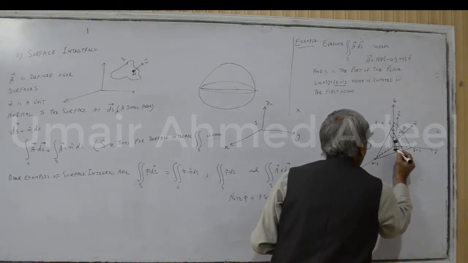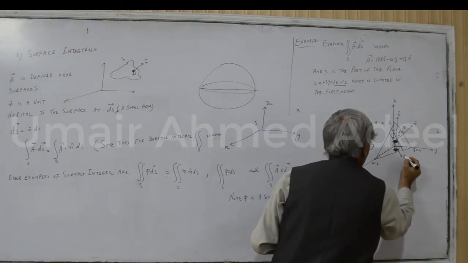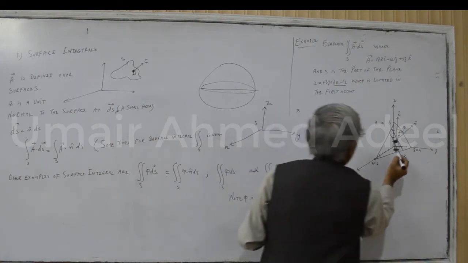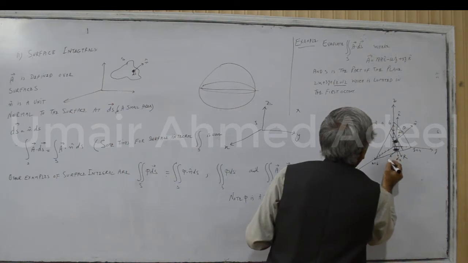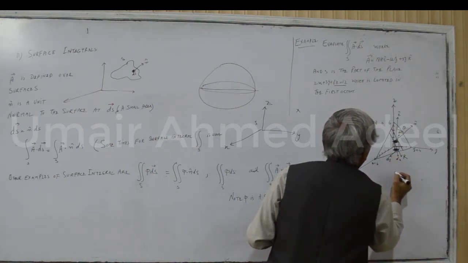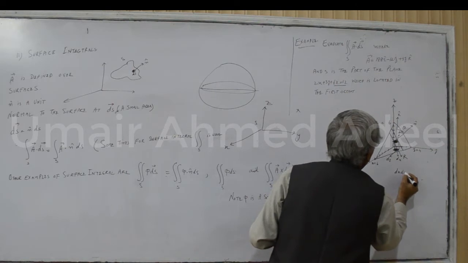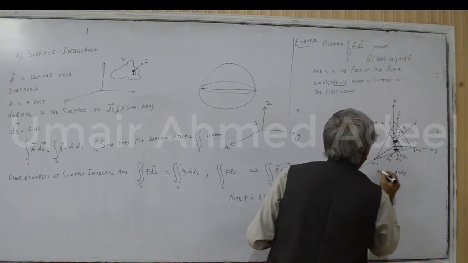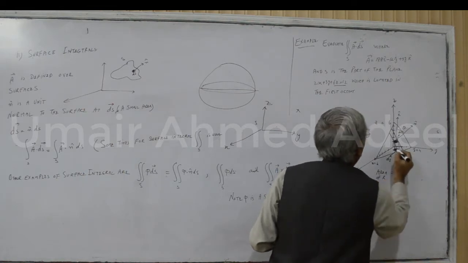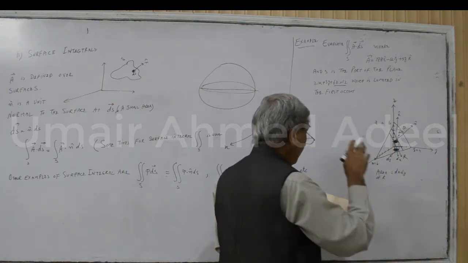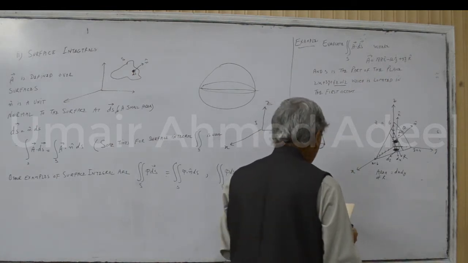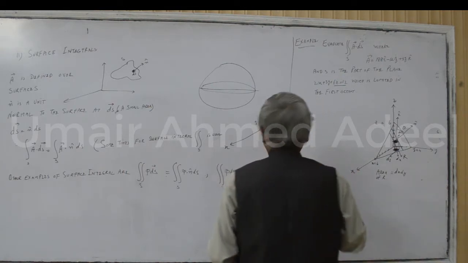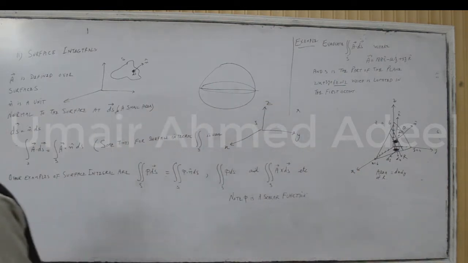Now here, this is the projection, and that is the region R, whose one side is dx and other side is dy, and its area dx dy is the area of region R, which is the projection of ds, okay.